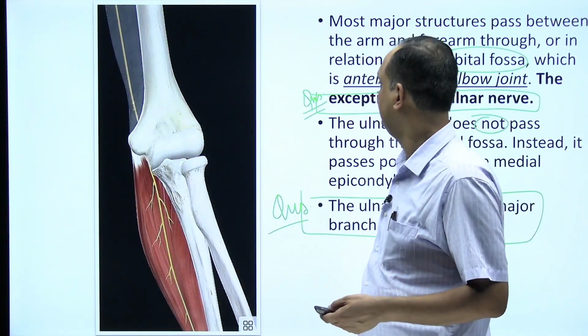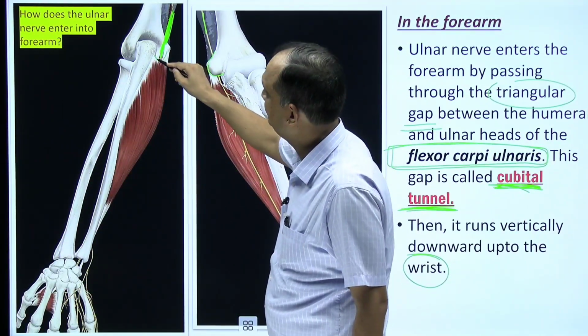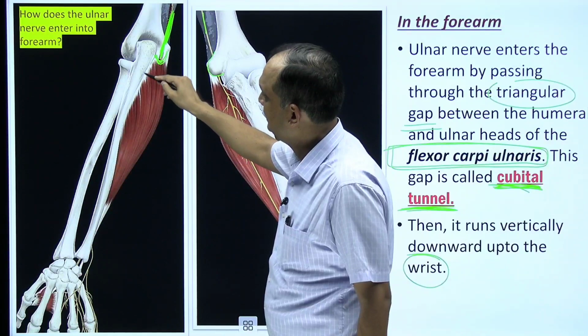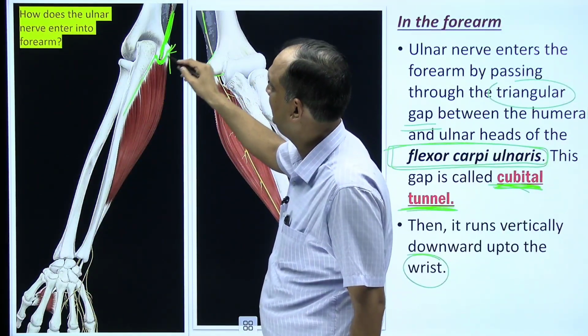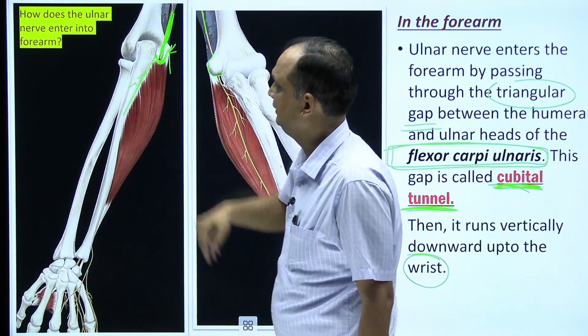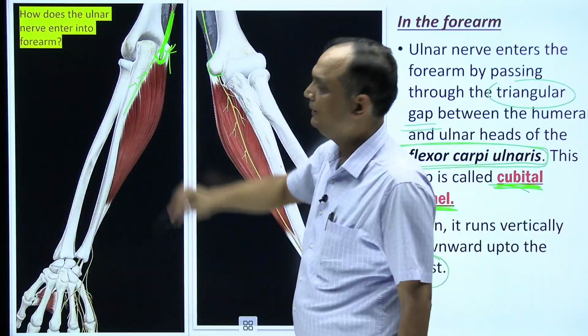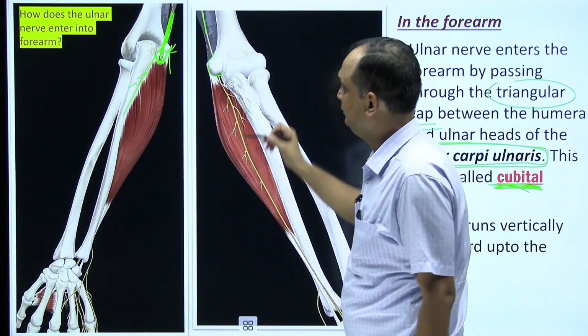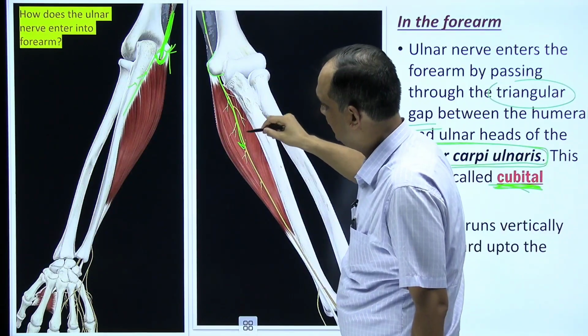Now, this is your origin of flexor carpi ulnaris. This flexor carpi ulnaris has two heads. This is known as the humeral head, this is your ulnar head. Now, this gap is known as the cubital tunnel. Through this gap, you can see the nerve now appearing here in the forearm.